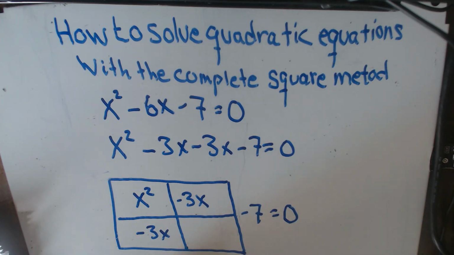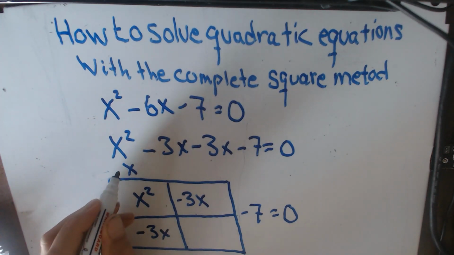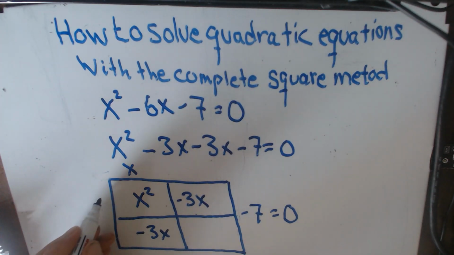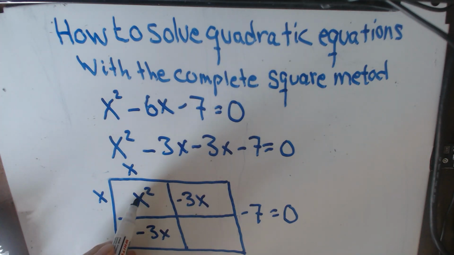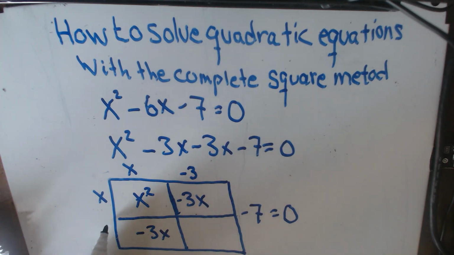Now we have to complete the square here, because this side here is x, and this side must be x. X times x is x squared. Here you have x, and this side here must be minus 3. And in this side here, it must be minus 3 as well.